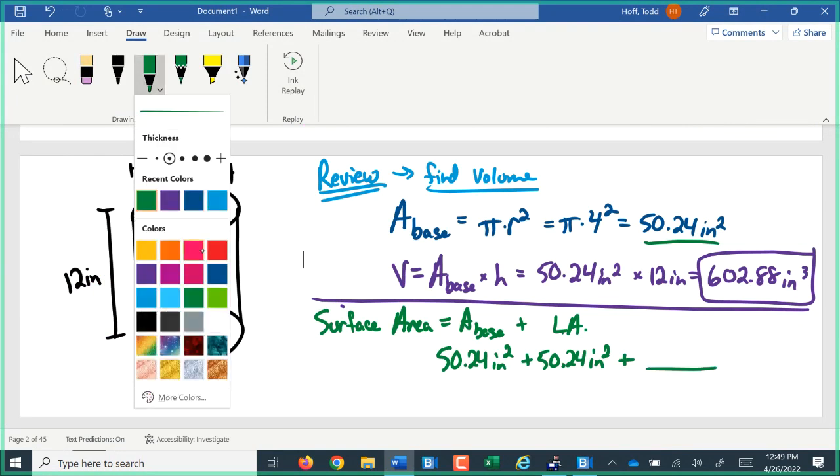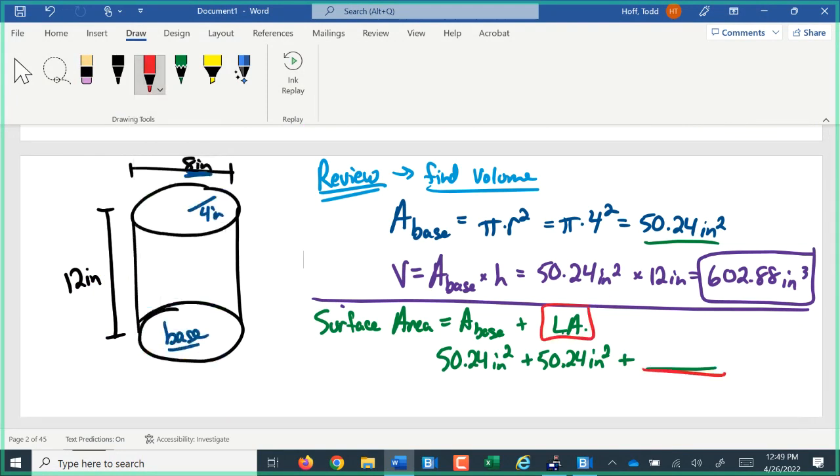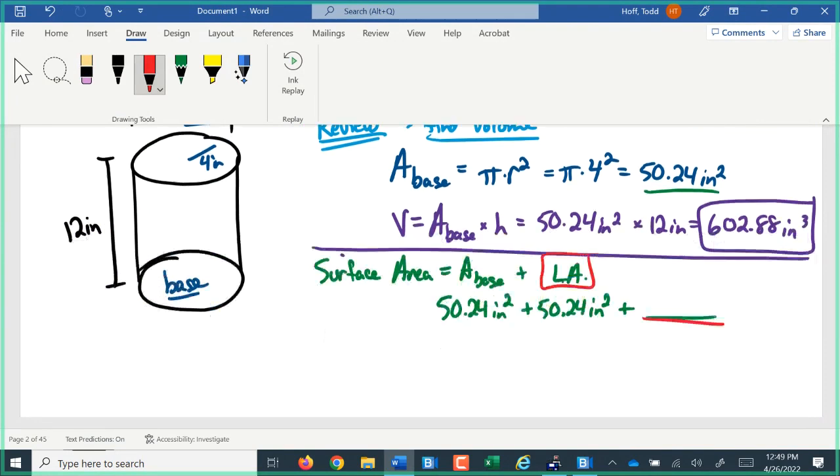What I need is the lateral area. To find the lateral area, I need two pieces. The lateral area is the perimeter of the base times the height. We know the height, that's the 12.